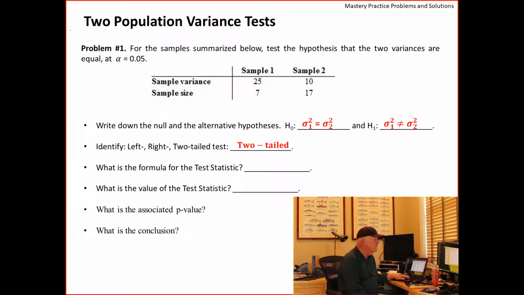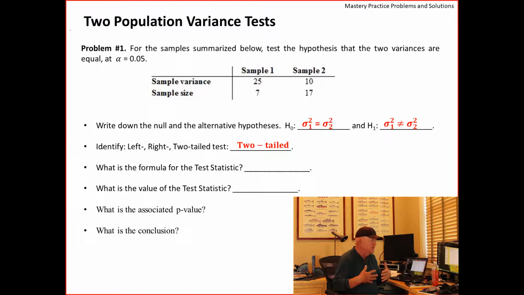And what is the formula for the test statistic? In order to answer that question for these problems, you look back at the alternative hypothesis. If it is that H1, that sigma 1 is bigger than sigma 2, then the test statistic should be sigma 1 squared all over sigma 2 squared, okay? And if it's the other way, then you just have to be aware of which side of the F distribution you're doing this test on.